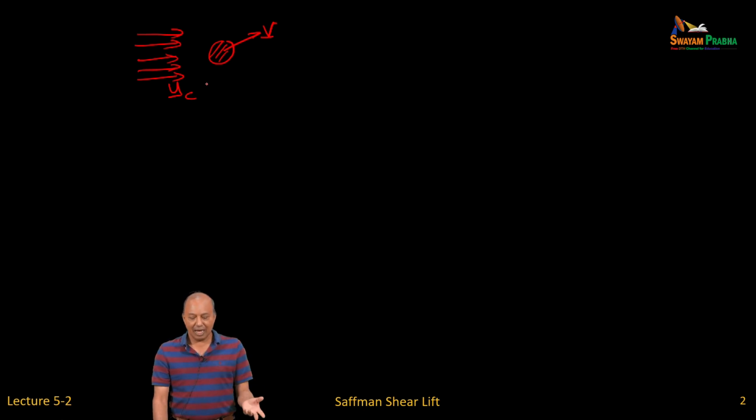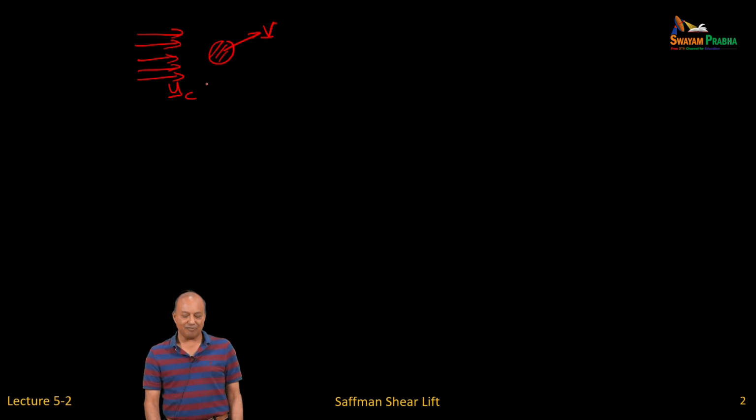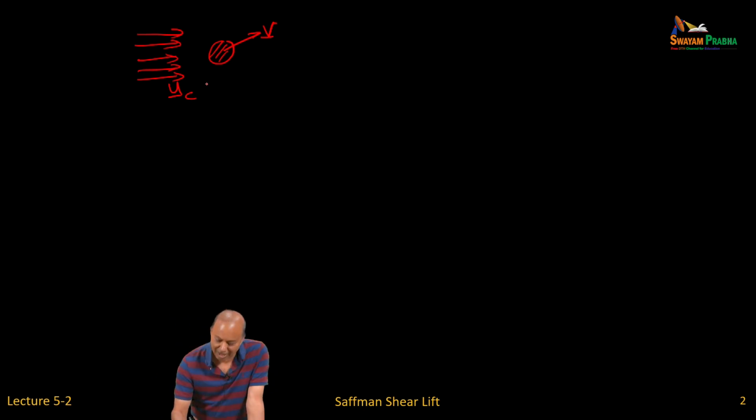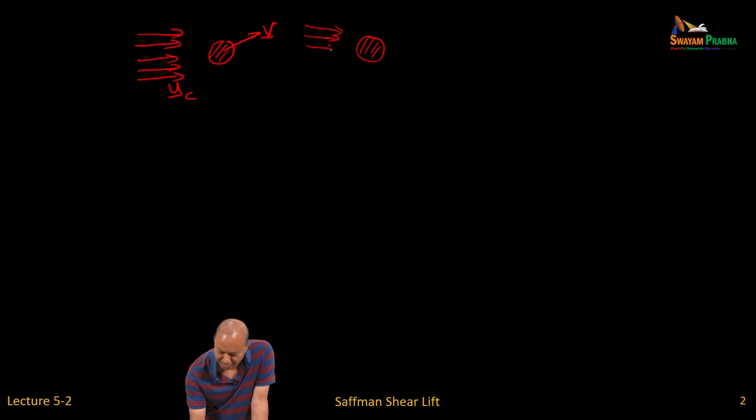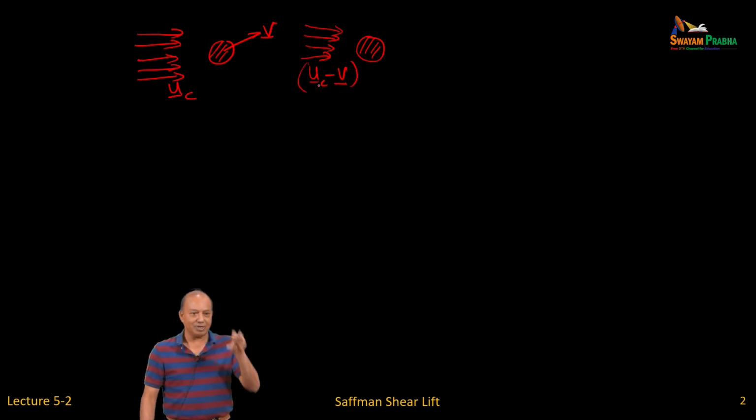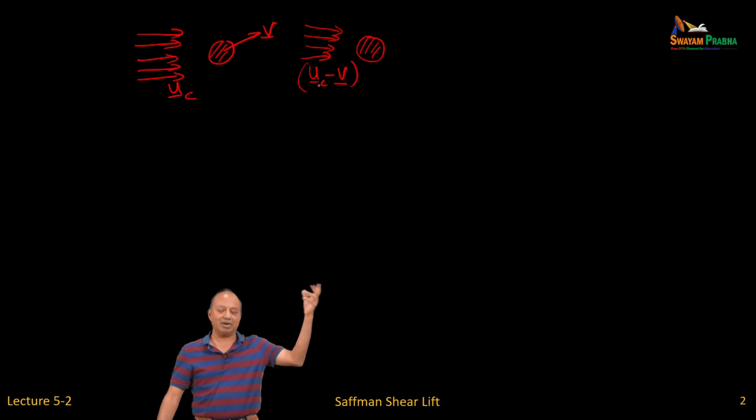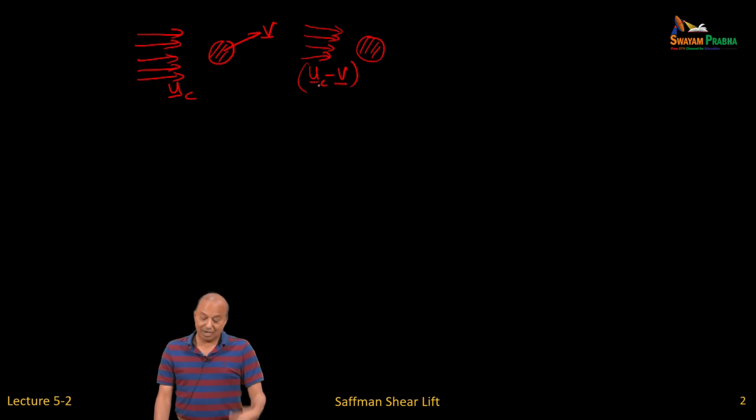Now, in the particle's perspective, in other words, you put yourself in the particle frame of reference, then as seen by the particle, you have fluid velocity coming. So this is uc minus v. That's the relative velocity. So as seen by the particle, you have a relative velocity, and you also have relative acceleration, and so on and so forth.